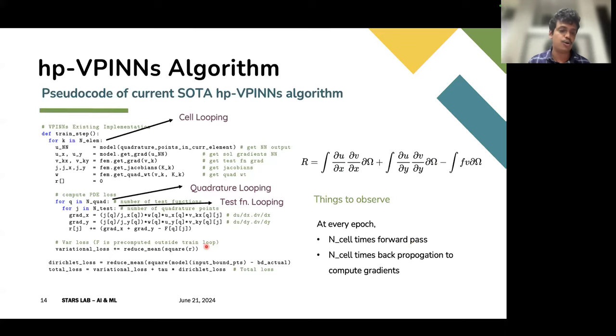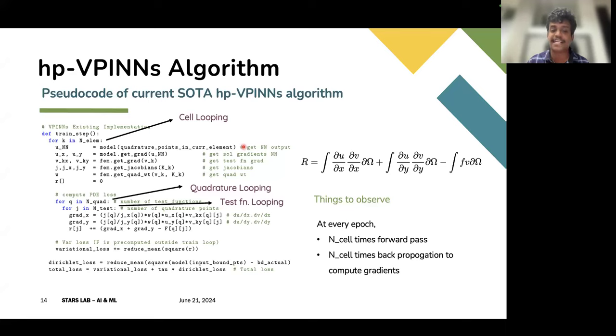One thing to notice here is that, let's say for a domain composed of n cells, let's take 100 cells for example, you need to do a forward pass for each cell, which gets to 100 forward passes for a single training epoch. Forward passes don't consume much time.